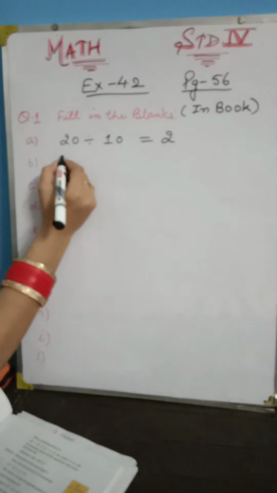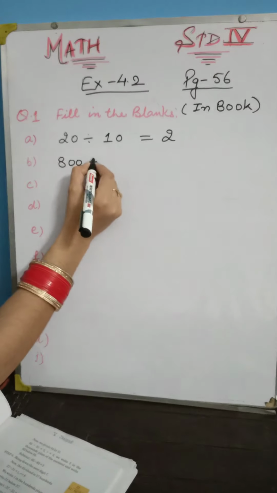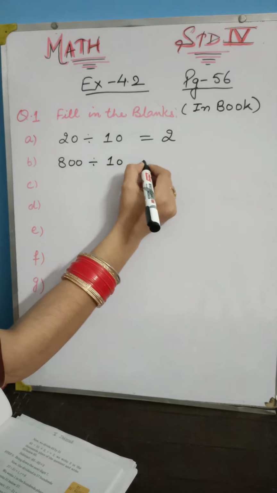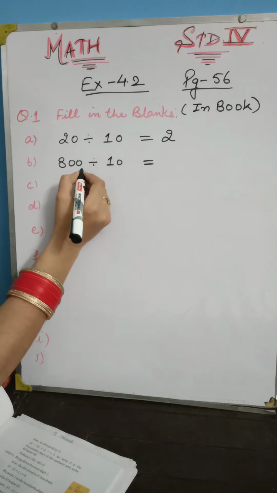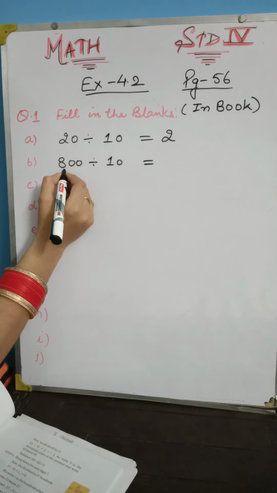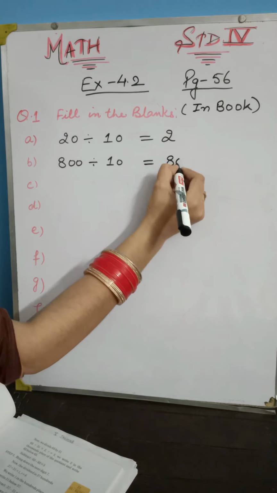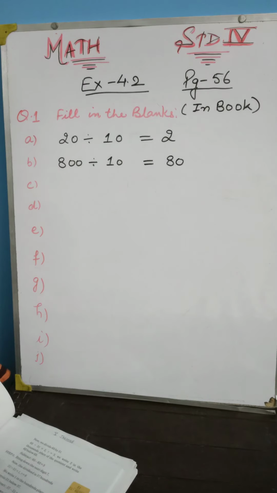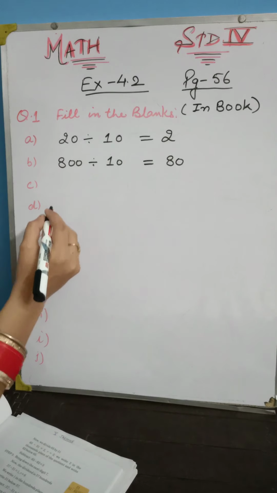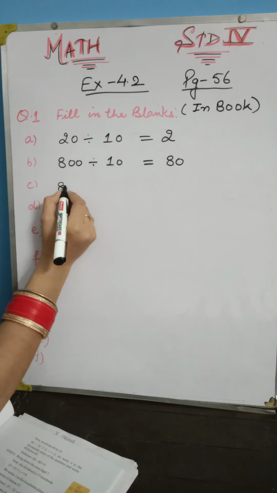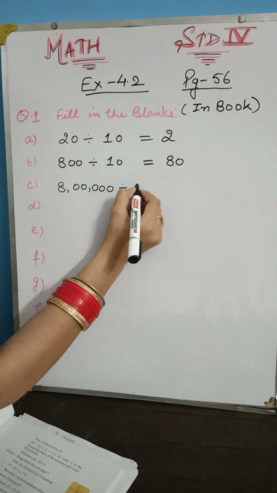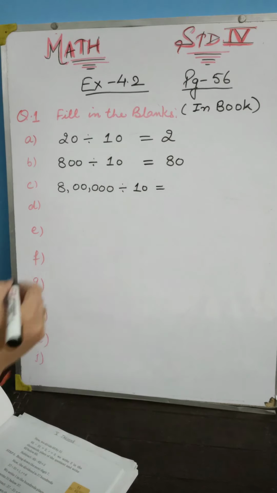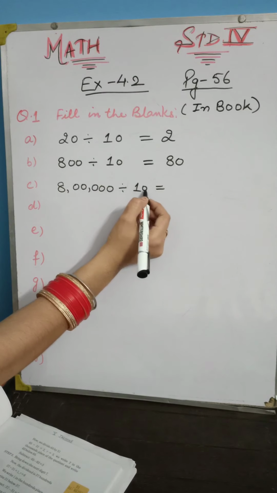Next is 800 divided by 10. Again, look at the zeros. 1 0 and 1 0 cancel out. What is left? 80. Next is 8 lakh divided by 10. 1 0 will cancel out with the 1 0.